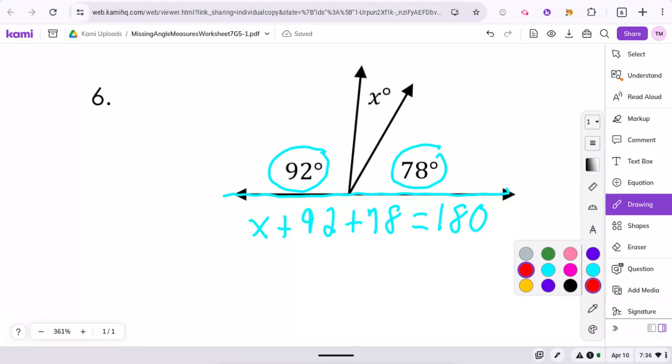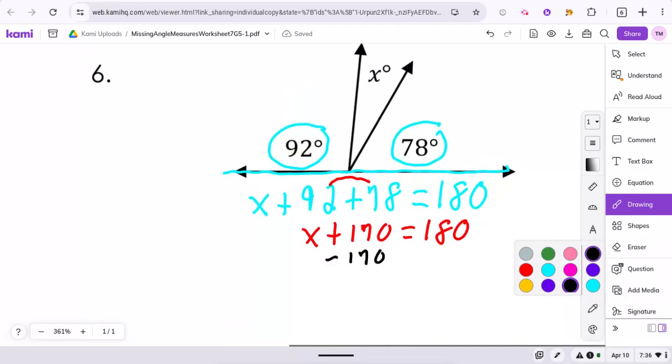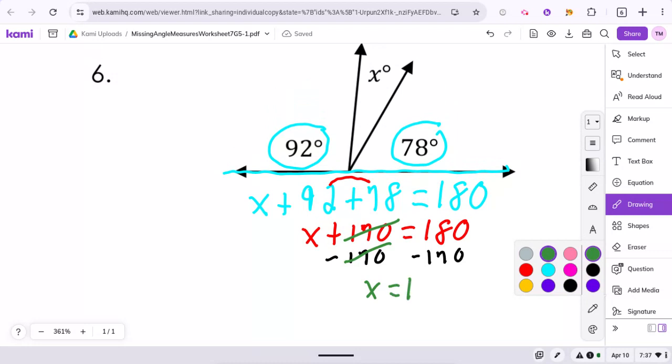So you can combine like terms, 92 plus 78 right here, x plus 170 equals 180. Then you want to isolate the variable. So minus 170 here, minus 170 here. These cancel. X equals 180 minus 170, which is 10. So this would be 10.